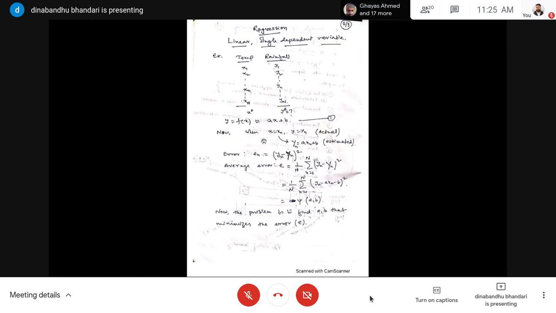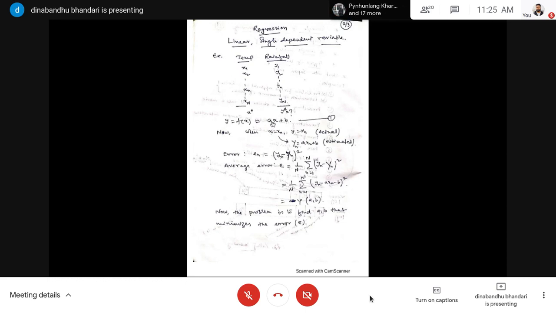Now say on a particular day, this is the function we are assuming. In the beginning, we do not know what this a and b are. We'll try to find out a and b from this data set. But assume that ax plus b is the function that would help us to map the temperature to the rainfall. Say on the nth day, your temperature was xn and your actual rainfall was yn. This is the actual value.